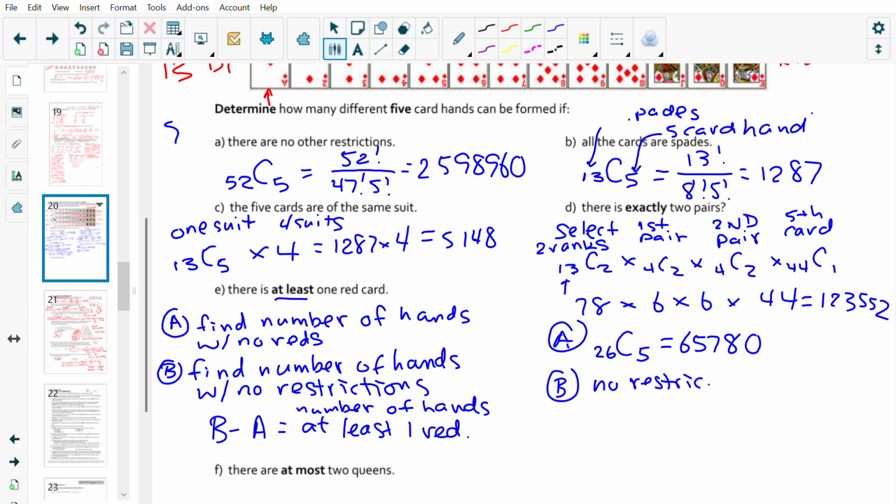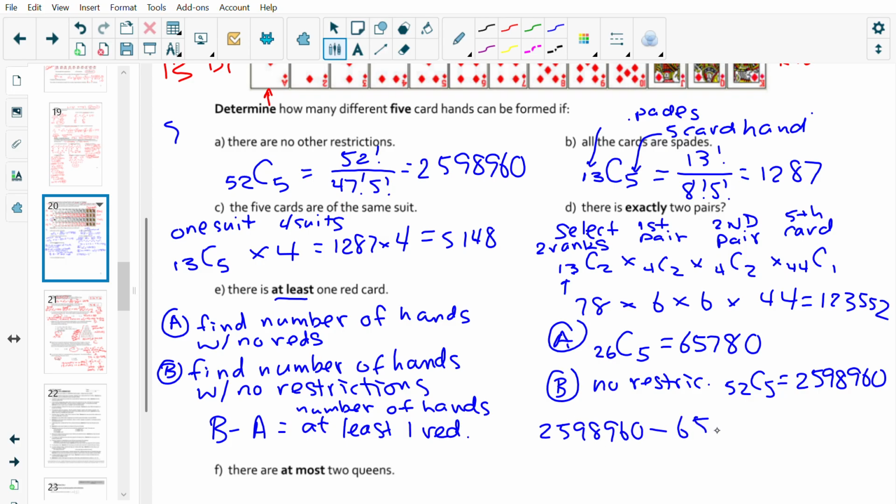No restrictions. This is actually from part A, so that's 52 cards taken 5 at a time, 2,598,960.